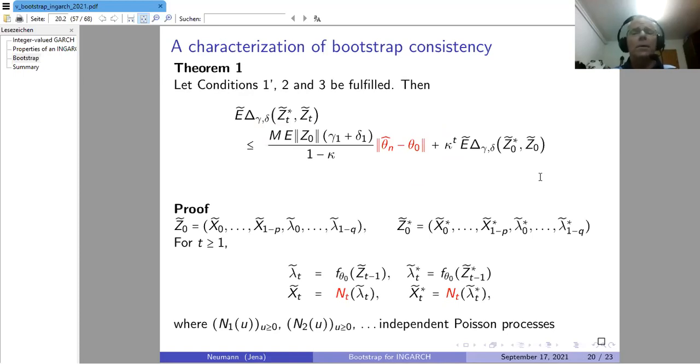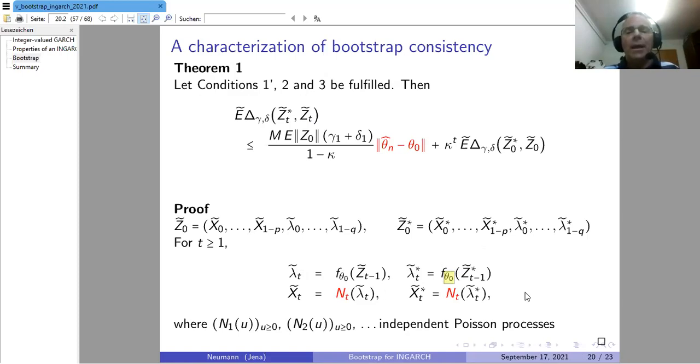We begin our proof with the initial values for these two processes, and then again we define lambda t tilde according to our model equation, lambda t tilde prime also according to the model equation. Here's a typo. This θ0 must be θn hat, of course, because we don't know θ0 and we have to estimate it.